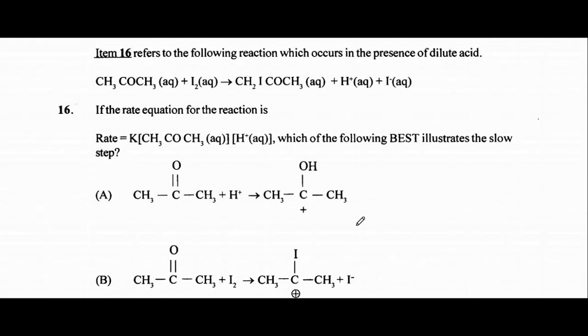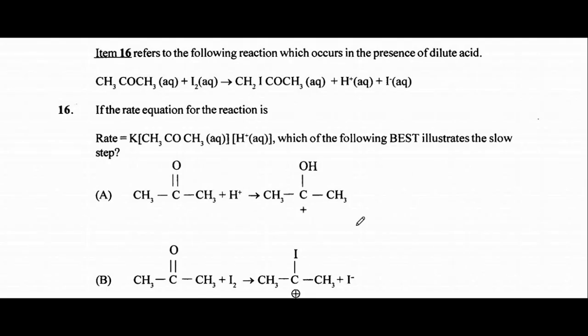Item 16 refers to the following reaction which occurs in the presence of dilute acid. So that's the equation right there telling us what reacts. And it says if the rate equation for the reaction is rate is equal to K, that's the rate constant, times the concentration of CH3COCH3, is that acetone?